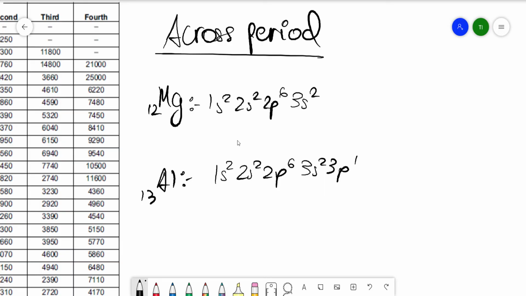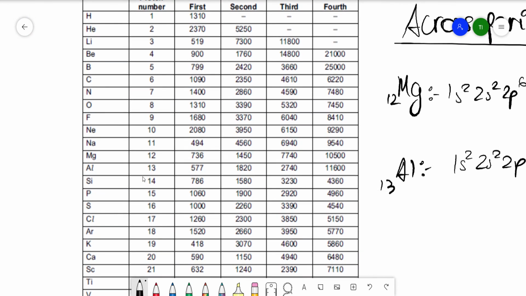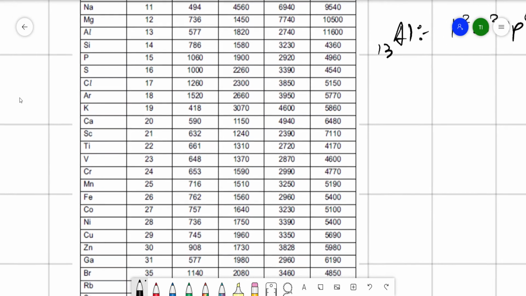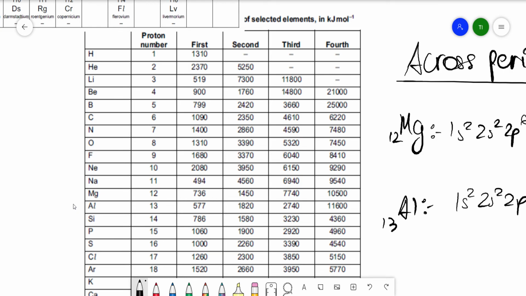So following the trend across the period, aluminium should generally have a higher ionization energy. But is that the case? Let's find out. Magnesium is 436. Is aluminium given here? I hope it is. Okay, yeah, aluminium is right beneath. So as you can see, aluminium has a lower ionization energy.